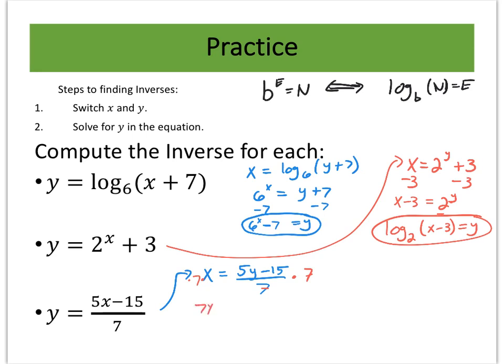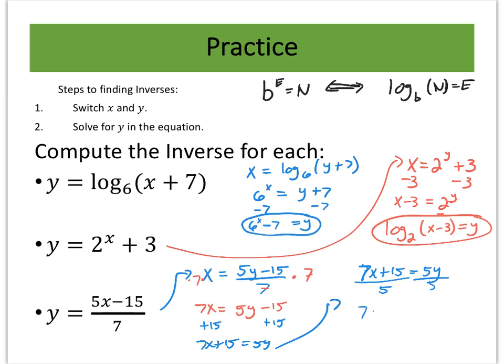So 7x equals 5y minus 15. And then I'm going to add 15, and this is now just a linear function. So 7x plus 15 equals 5y, and we're not done yet because we have to divide by 5. Divide everything by 5. So 7x plus 15 over 5 equals, the 5's cancel out, y.